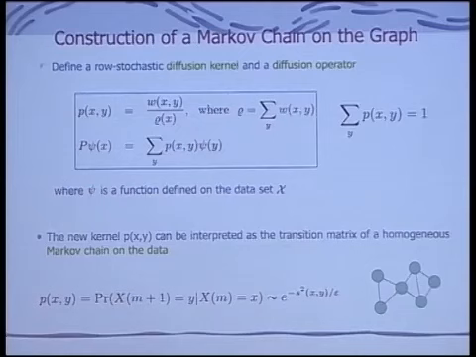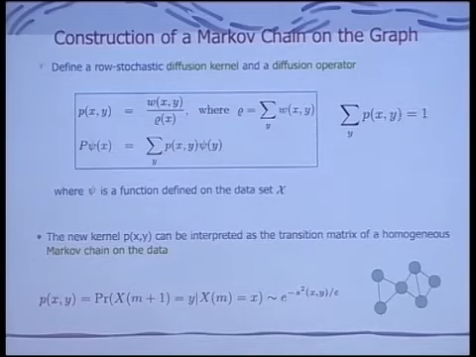Then we'll construct a Markov chain on the graph, based on the weights, by defining a row stochastic diffusion kernel. So we normalize the rows in this weight matrix to 1.